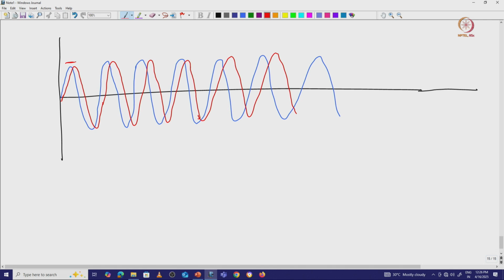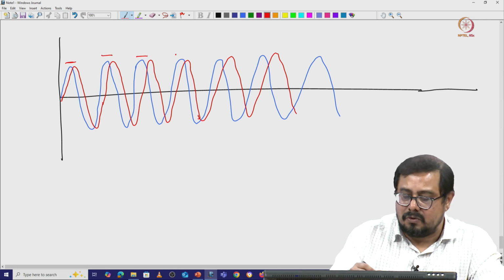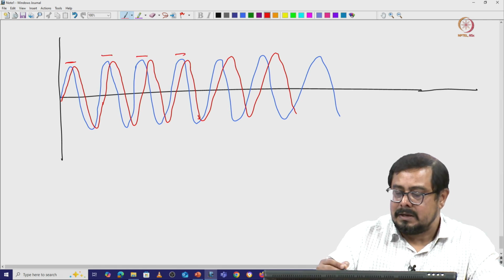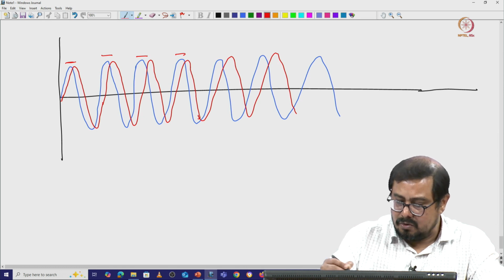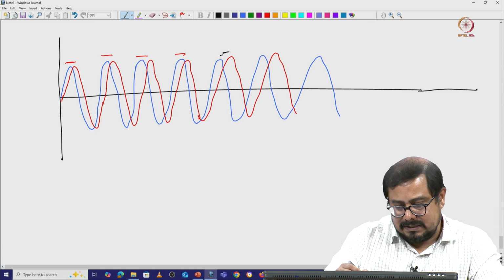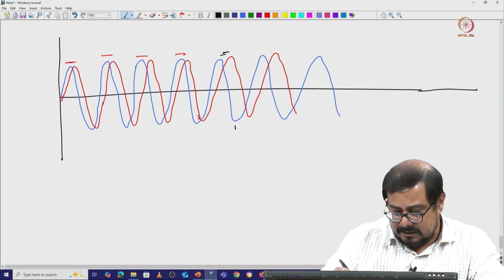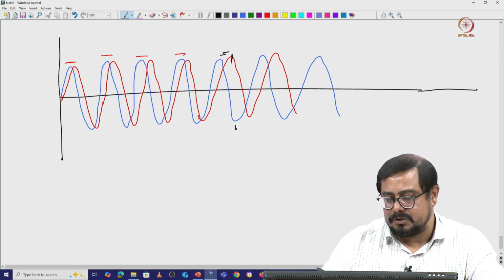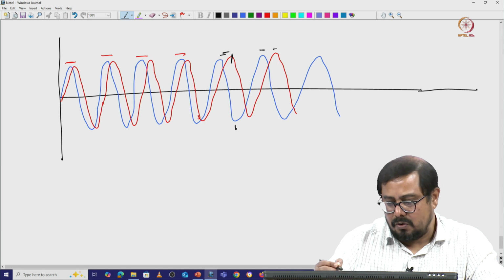If you consider this one and this one, they are very close to each other, there is not too much difference. But if we go to the other, here you can see they are close, but this and this are a bit opposite. Here these two are close, but at the same time these two are opposite.